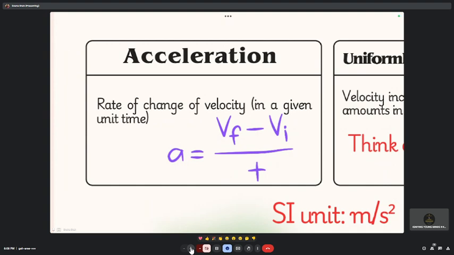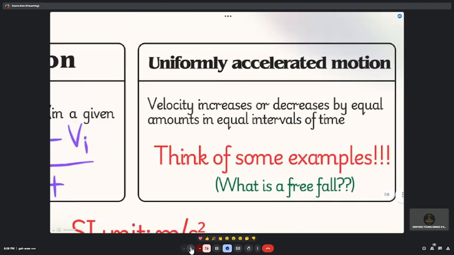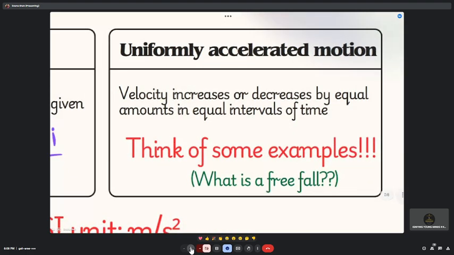It should be increasing or decreasing, ma'am. Correct. If it increases or decreases with time, and that is uniform time, that means the increase or decrease is uniform, then we say that it is a uniformly accelerated motion. That the speed or the velocity of the object is constantly either increasing or decreasing.